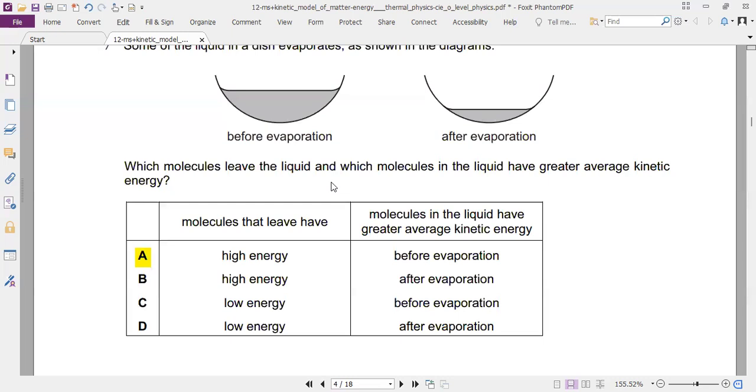The molecules that leave always have higher energy than the rest of the molecules of the liquid. And the molecules that are left behind have less energy than before evaporation.